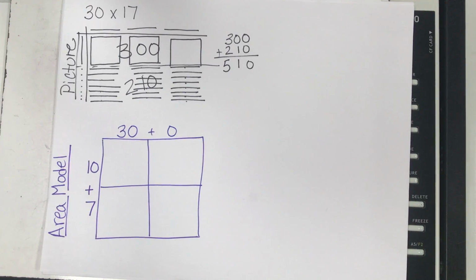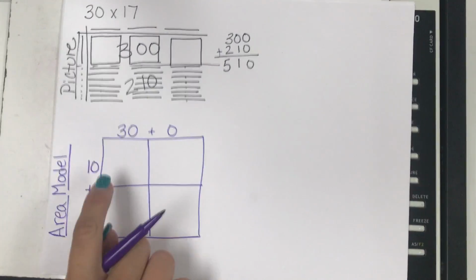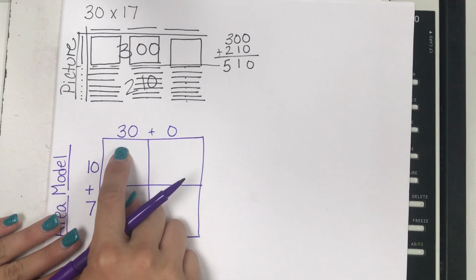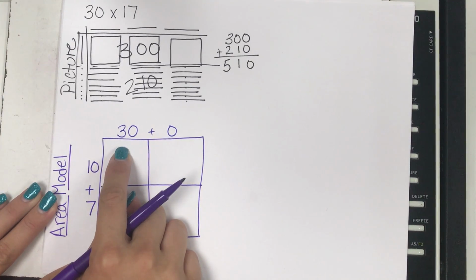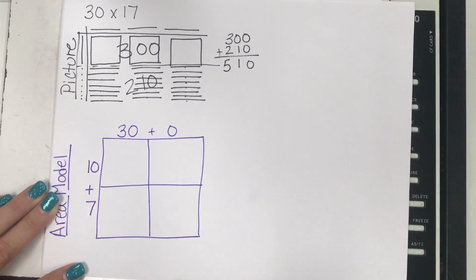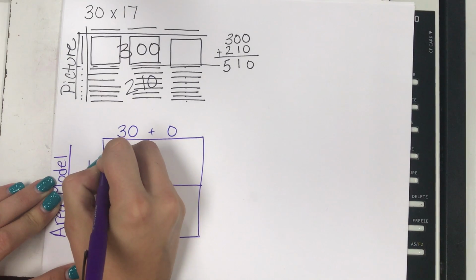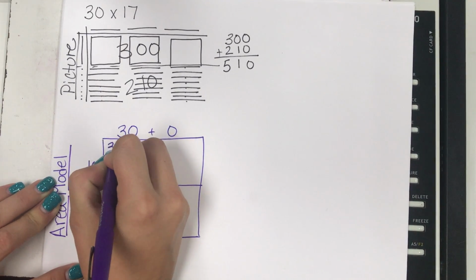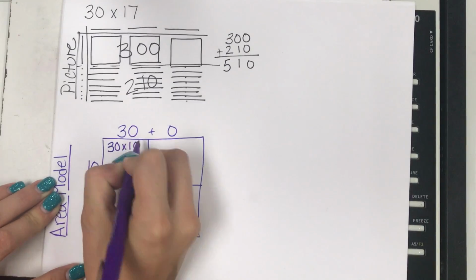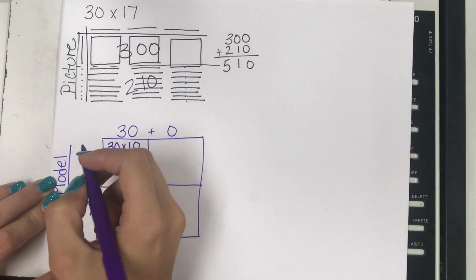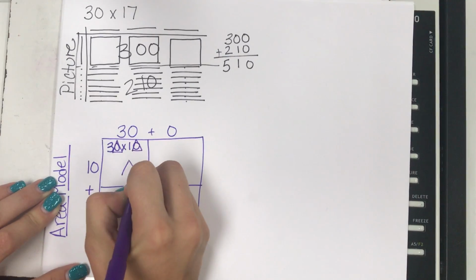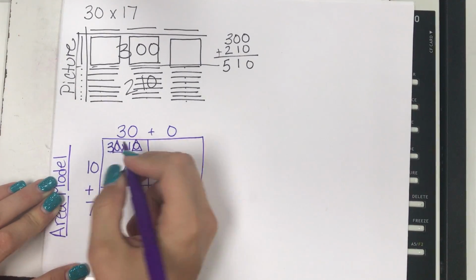Okay. In this top left box, what am I going to do? You would multiply 30 times 10. How many zeros do I have there? 2 zeros in my problem, so how many in my answer? 2.